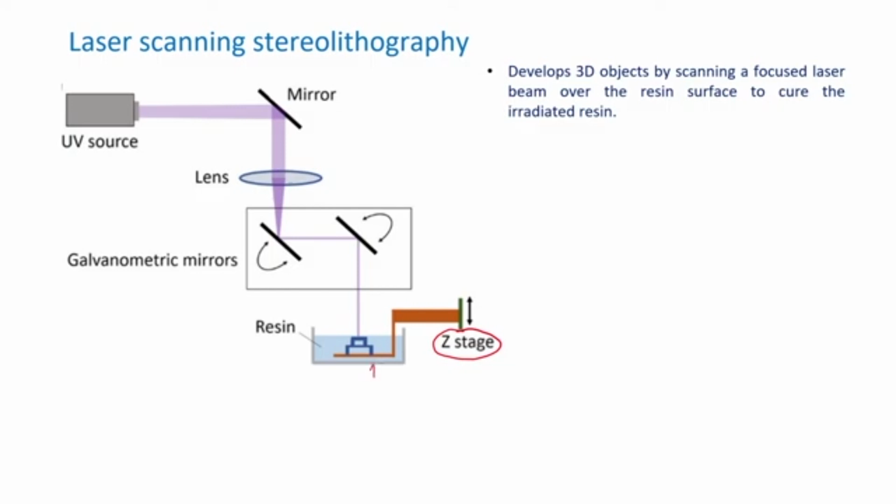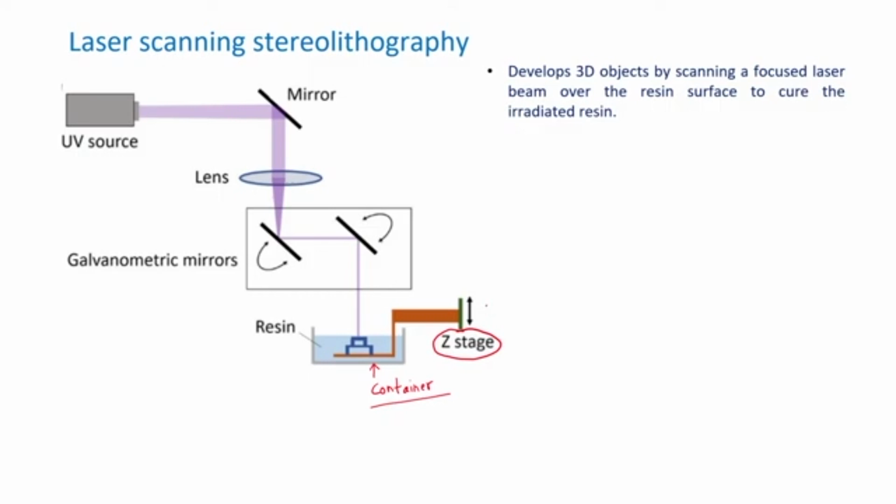Then we have a container in which the resin is kept in liquid form. We apply the laser beam energy over this liquid resin at the designated part, and that part will get cured.